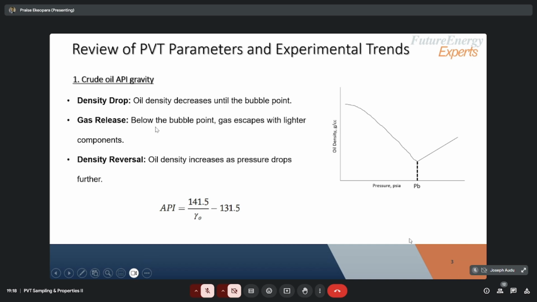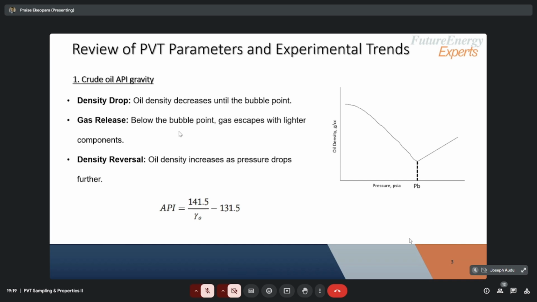Just leave API for now. Let's talk about oil density. When we are talking, we'll be making references to our ordinary level physics and chemistry, right? So we define density as mass over volume.